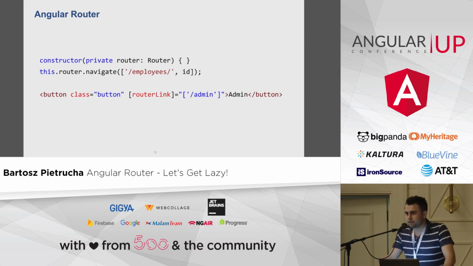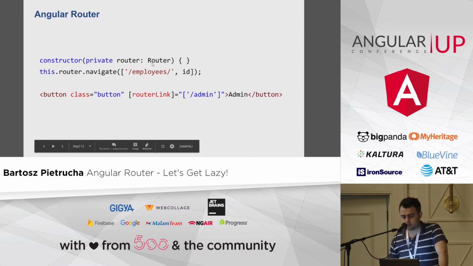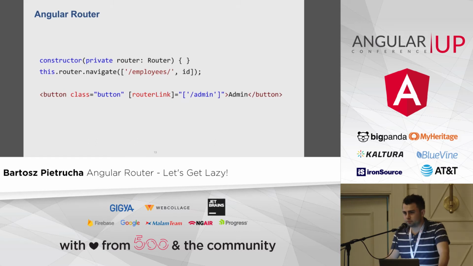So how do we navigate through the application? We have two possible solutions. We can do this programmatically in our component or service. We need to inject the router, and then we can call navigate and pass the URL that we want to actually go to. So it can be just an action bound to the button click or whatever you want.